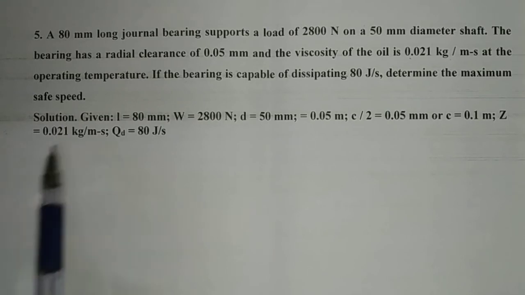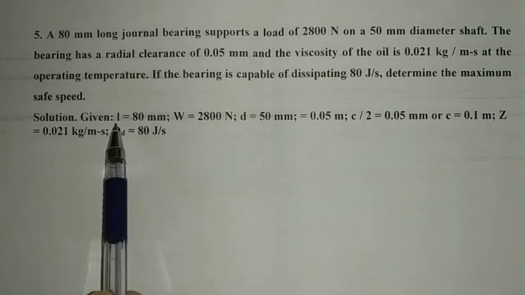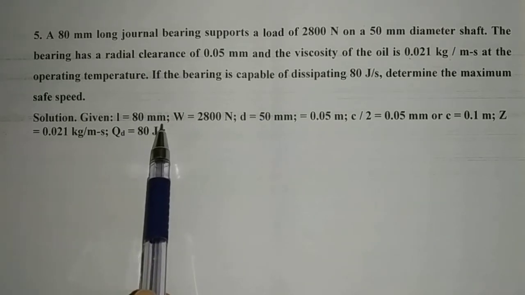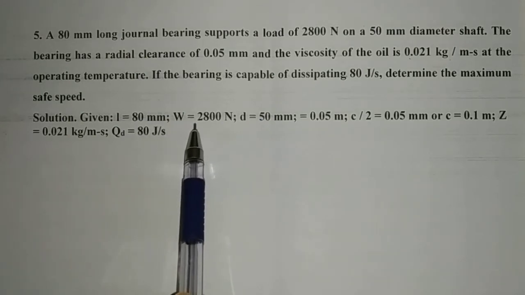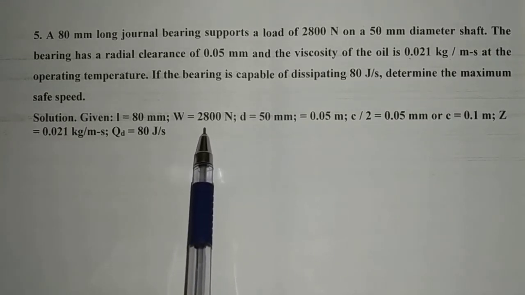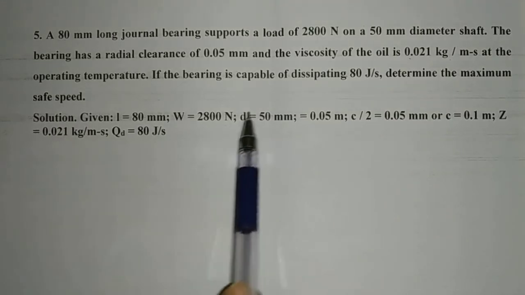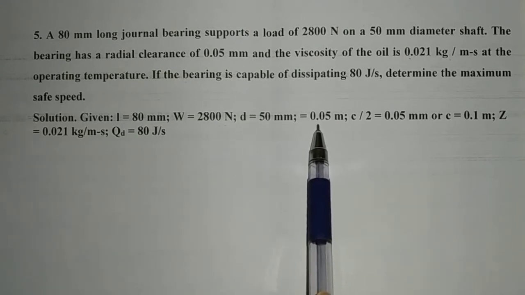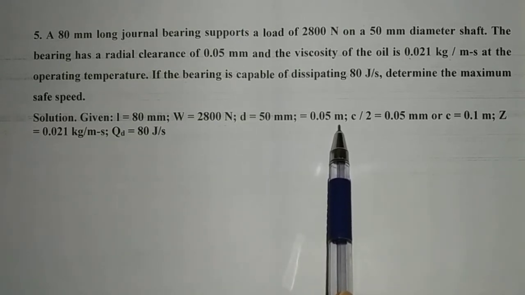Okay. So given data, length L is equal to 80 mm. Load W is equal to 2800 Newton. Diameter D is equal to 50 mm, so it is equal to 0.05 meter.